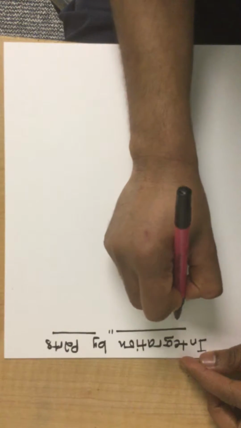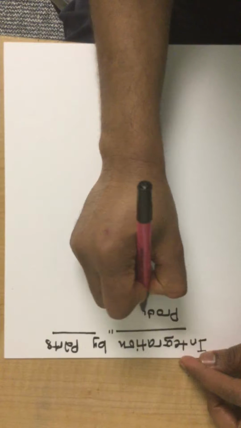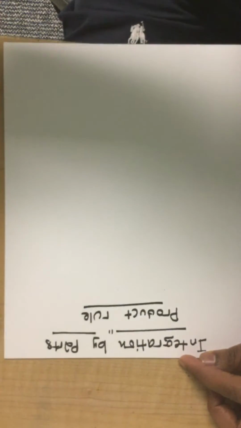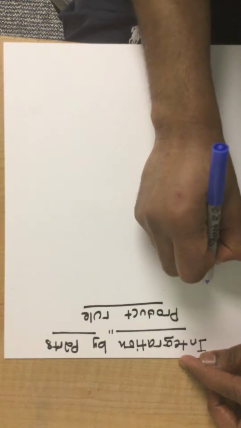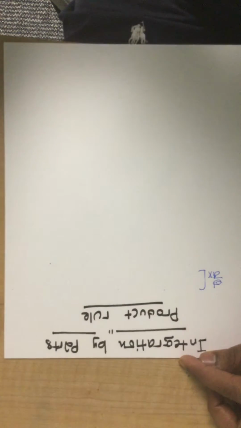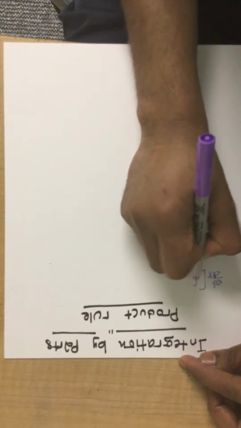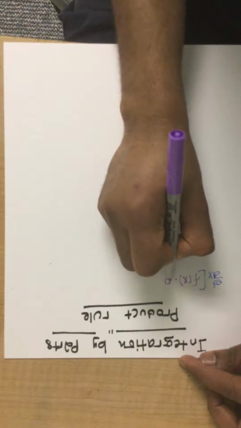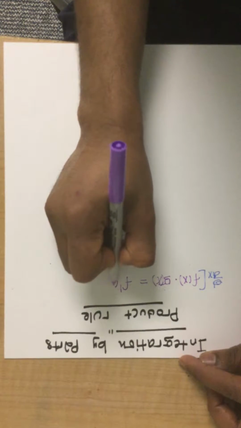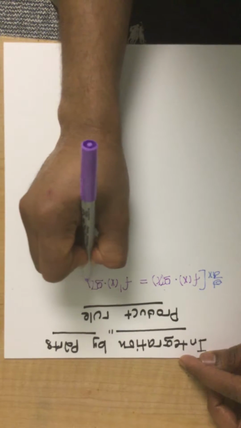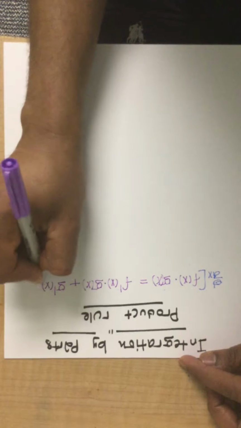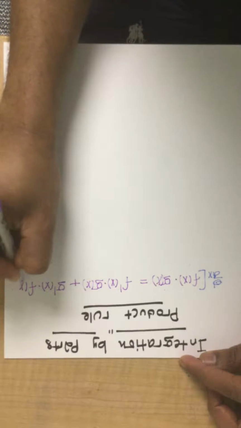I'm going to start from the product rule. d by dx of f of x times g of x is equal to f prime of x times g of x plus g prime of x times f of x.